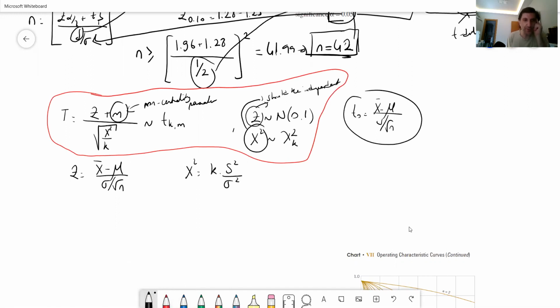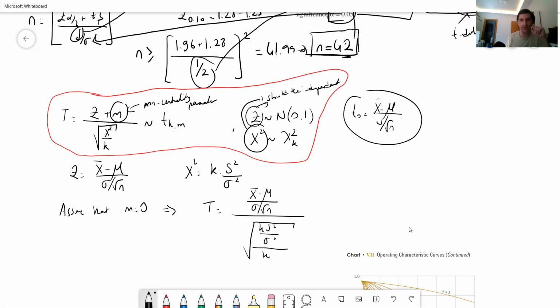Anyway, when we put these terms here, let's assume that mu is equal to 0. When we put Z there, we see (x bar minus mu) divided by sigma over square root of n, divided by the square root of X squared over k, which is k s squared over sigma squared. Note that k is the degrees of freedom here, so instead of n minus 1, I have written k divided by k in the square root.